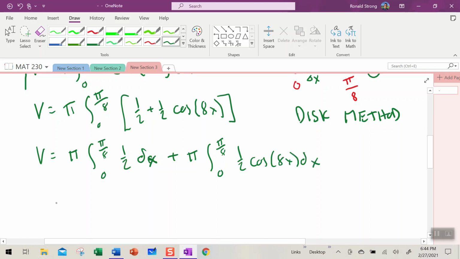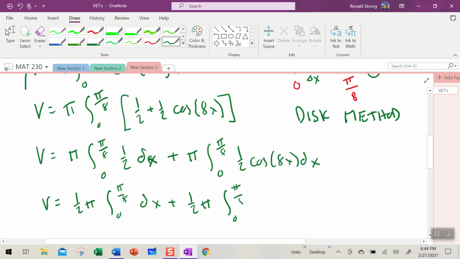And simplifying this a little bit, bring the 1/2 out in front, so we have 1/2 pi, and that just leaves me with dx in here, and bring out the 1/2 times the pi.